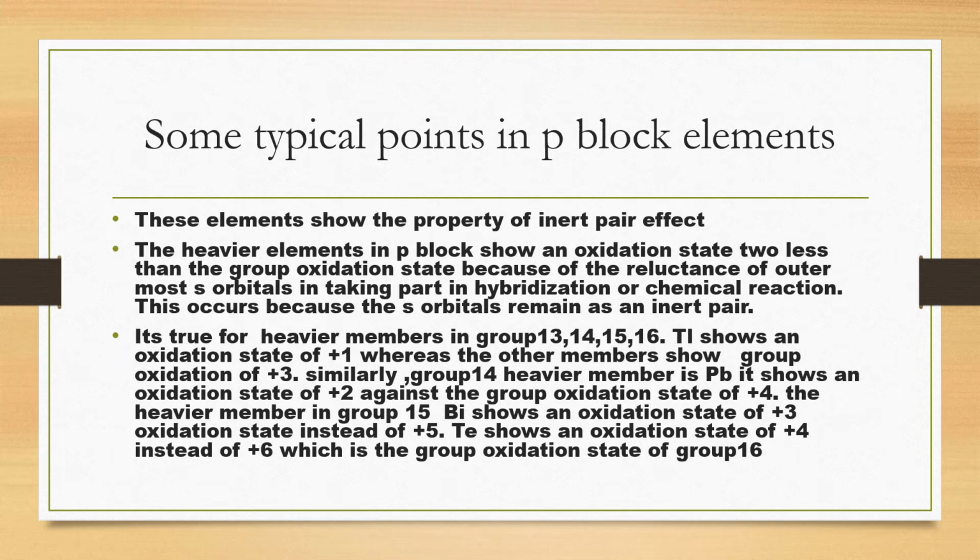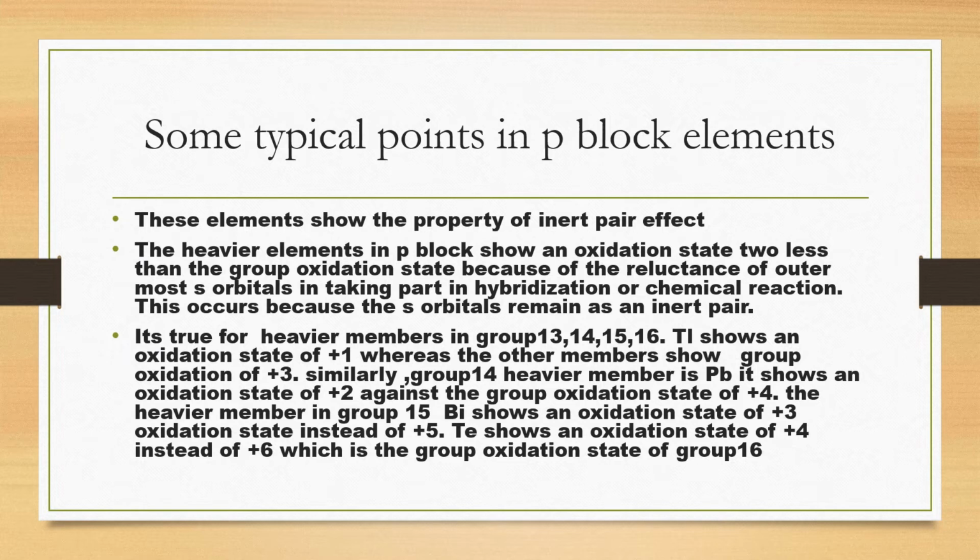For example, thallium in group 13 should show +3 oxidation state, but it actually shows only +1, that is 2 less than the group oxidation state. Same is the case with group 14. The heavier element is lead. It shows a stable oxidation state of +2 against the group oxidation state +4.